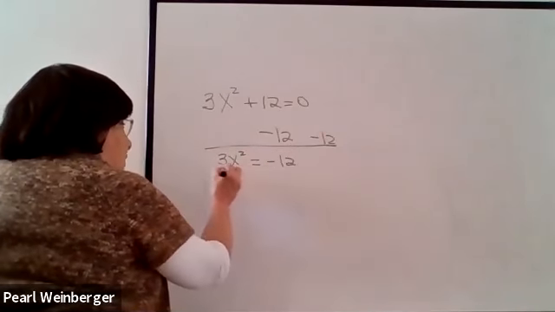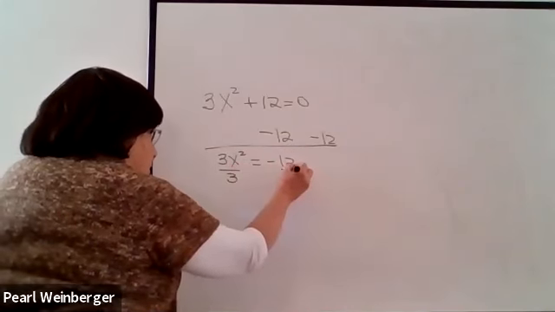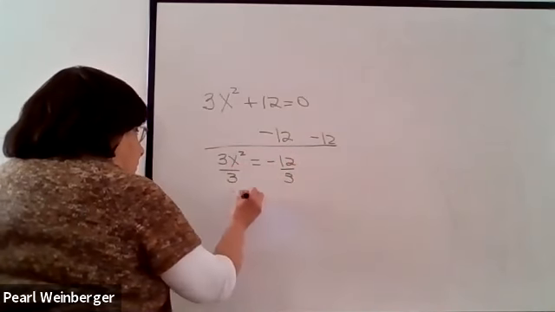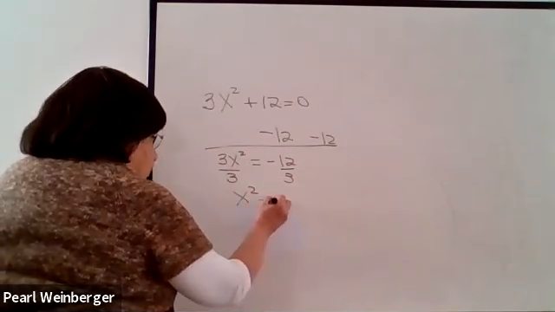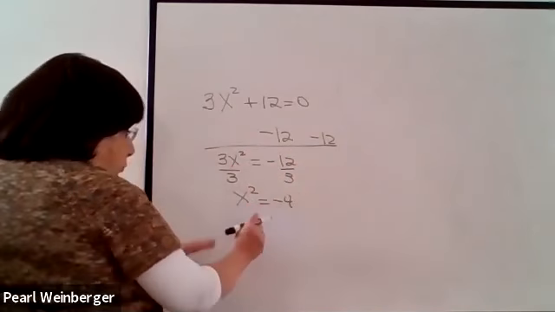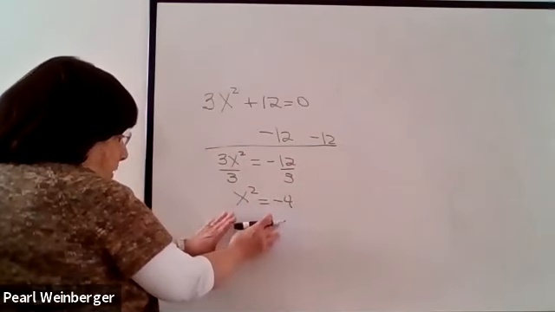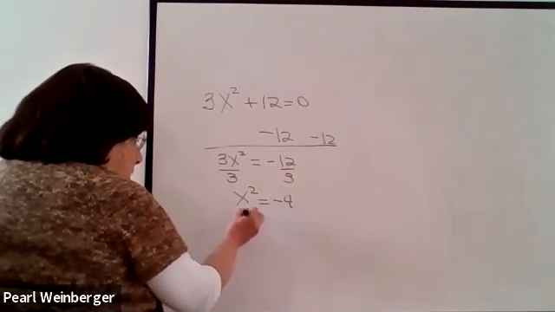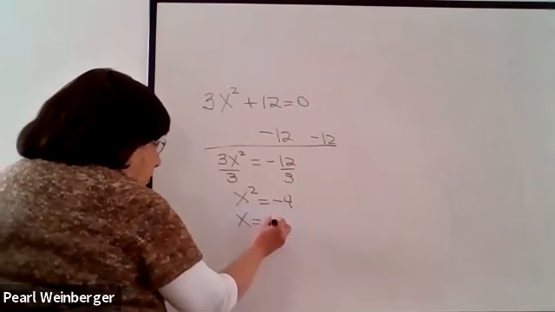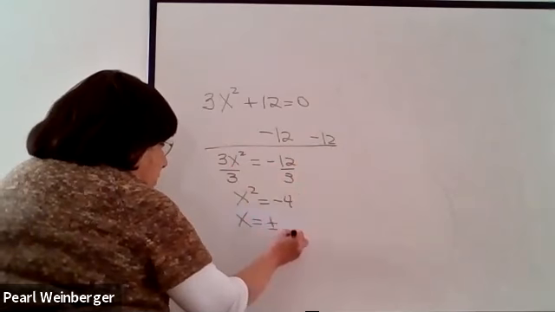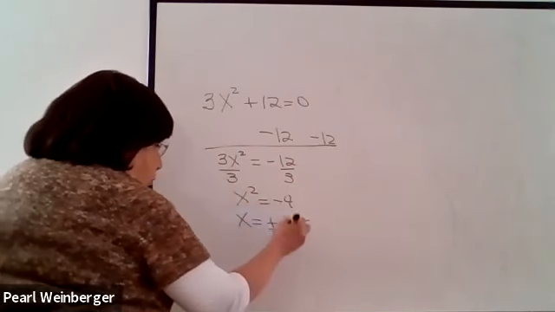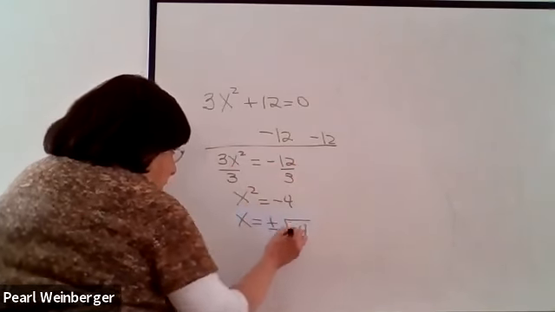And then let's divide by 3. So that gives us x squared equals negative 4. So we've got the x squared. So now we have one more step to do. We find the x by doing plus or minus the square root of this number, which is negative 4.